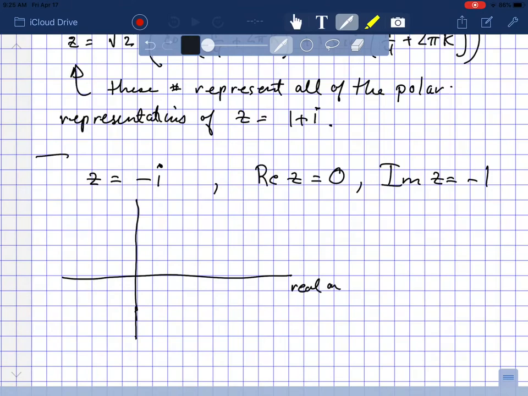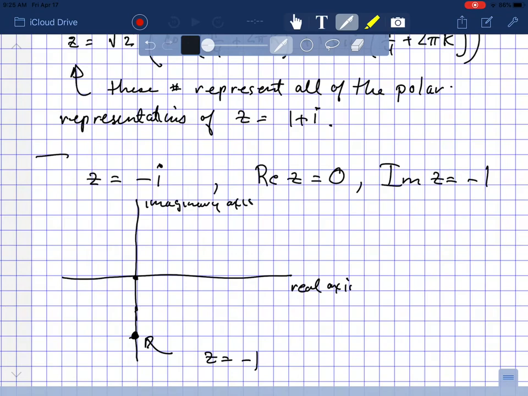Here's the real axis, and here's the imaginary axis. And my complex number z equal to minus I is going to be located 0 units from the origin along the real axis and minus 1 unit from the origin along the imaginary axis. So that's going to bring me to a point down here, and this is z equal to minus I.